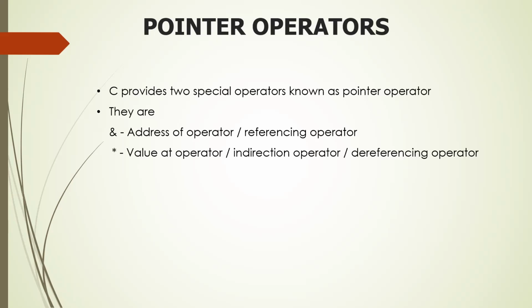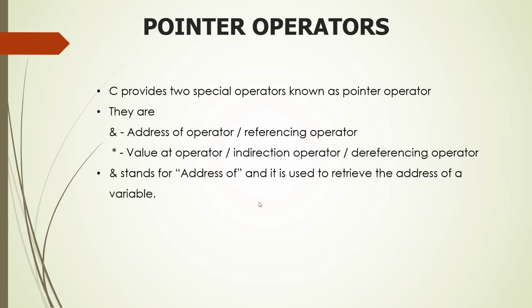Then if you want to get the value at that particular pointer address, we have to use star. So star is the value at operator, or indirectly we get the value from the address. What value is stored in the address, we will go there and get it. So it is called the indirection operator, or also the dereferencing operator.